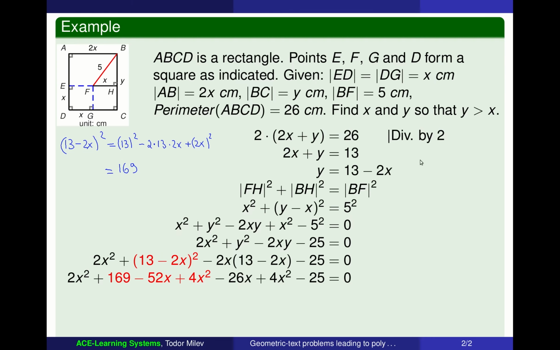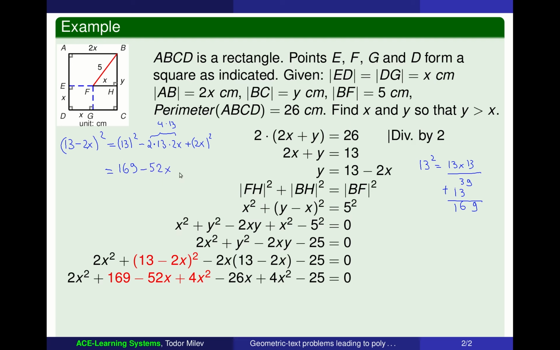But if we have forgotten that, we can simply multiply 13 squared very quickly on the side. 13 squared is 13 times 13. 3 times 13 is 39, and 1 times 13 is 13. And when we add the 2, we're getting 169. Now here I'm having 2 times 13 times 2, so that's 4 times 13. Now 4 times 13 is the number of cards in a standard deck of cards, so that's 52.